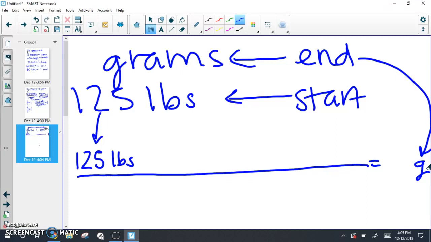With this, now we need to find the conversions. Personally, I don't know how many grams goes into a pound, and I don't think you guys know either. So connected to this video, or at least the page that this video is on, there should be a sheet that says chemistry conversion sheet on it. It's double-sided.